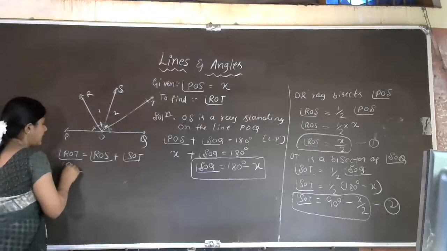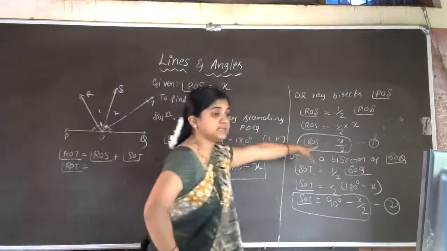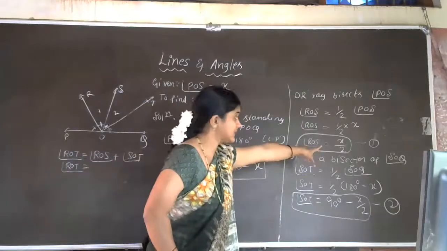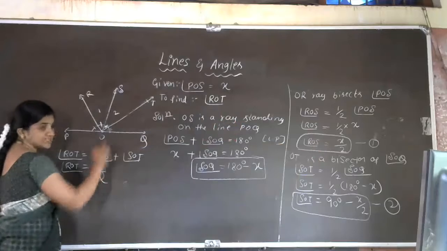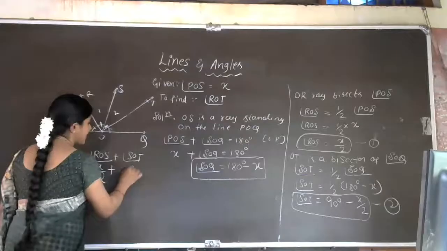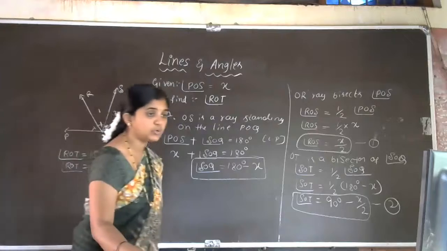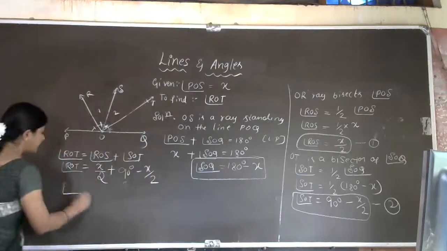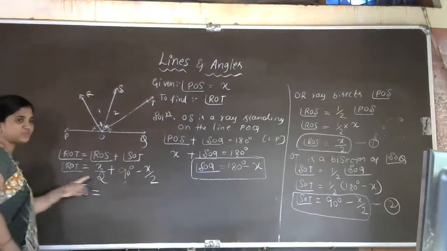Now angle ROT is equal to how much? ROS, in equation 1, is x by 2. Substitute that as x by 2 plus SOT. What did you get for SOT? 90 degree minus x by 2. Now angle ROT is equal to x by 2 plus 90 degree minus x by 2. Are you observing here?